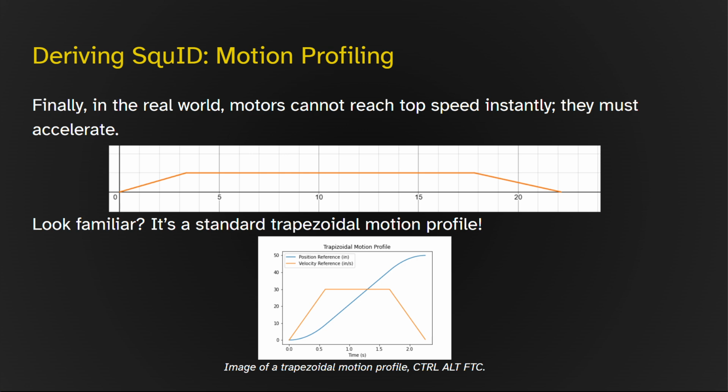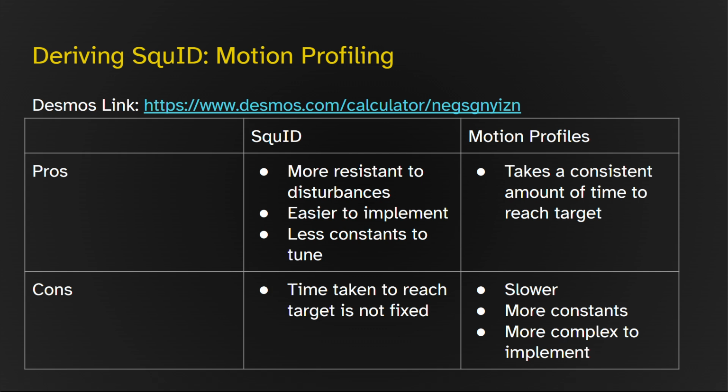So SquID is basically just a motion profile. And now you might be wondering, why should I use SquID instead of a motion profile? And there's actually a lot of reasons. Because SquID operates on the current error. Usually with a motion profile, we generate the motion profile in its entirety, and then we just follow the velocity based on time.